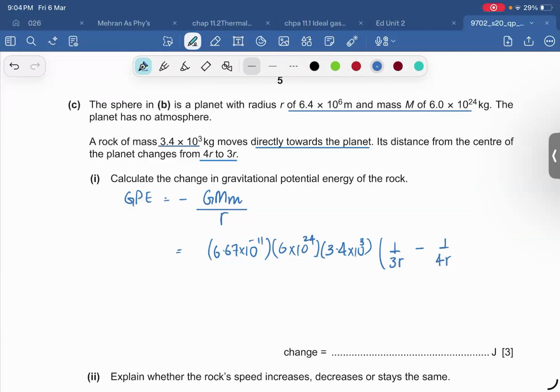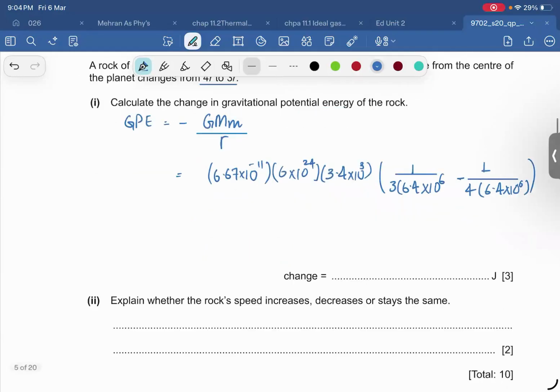You can put in the value of R, which is the given value 6.4 exponent 6, and minus 1 over 4 times 6.4 exponent 6. Now can you tell me the value, please? Just one second.